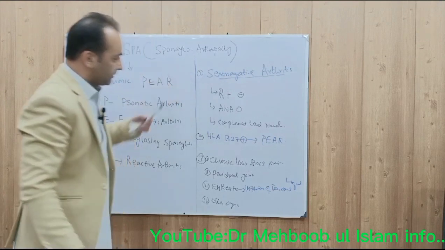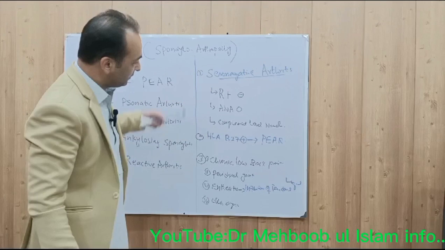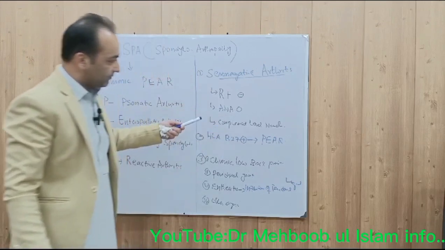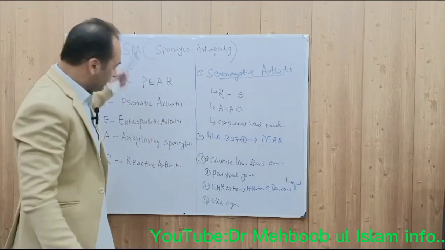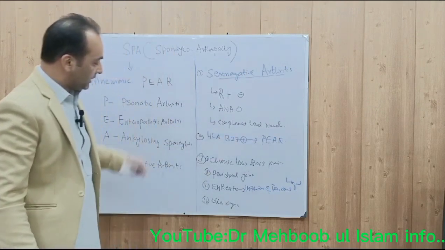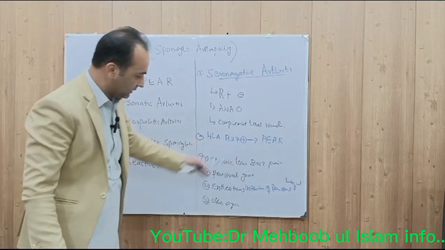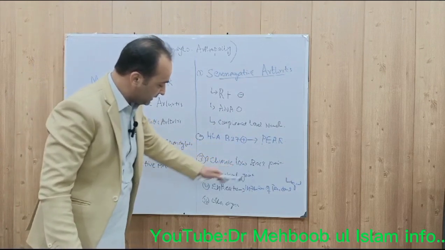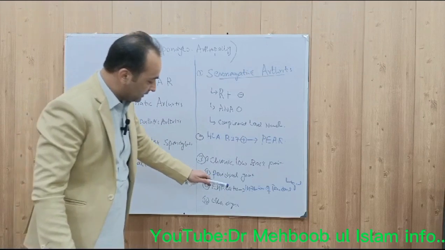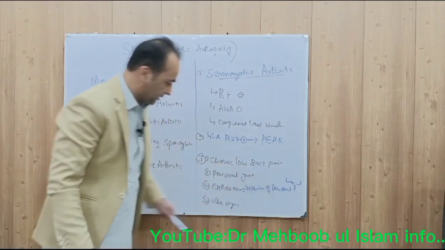All these conditions are seronegative arthritis, meaning rheumatoid factor is negative, ANA will be negative, and complement level will be normal. And all these conditions are HLA-B27 positive. They can also involve the spine and the peripheral joints, and they can cause enthesitis, that is inflammation of tendon and ligament.